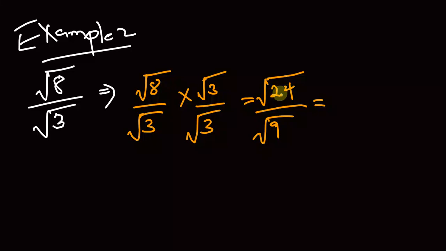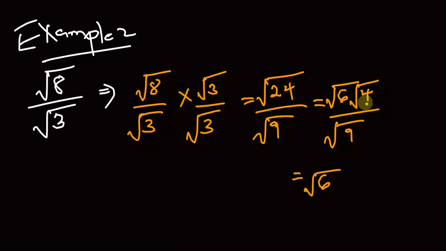24 we can still factor out. 6 times 4 is 24. So I am breaking it down to root 6 times root 4, divided by root 9. I'm going down again. This will be root of 6.